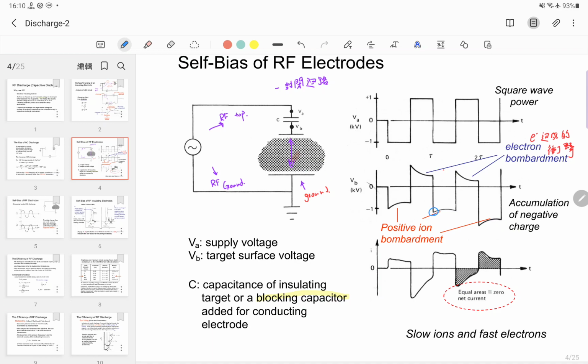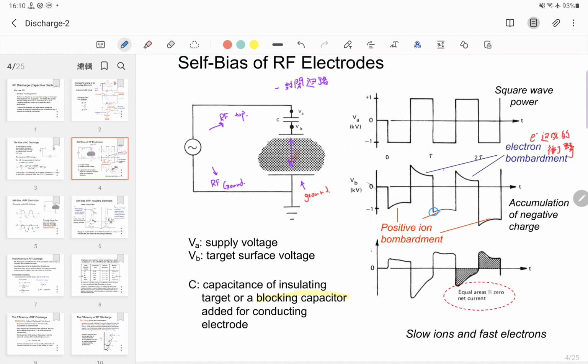So after a few cycles, eventually the top electrode becomes negatively charged, very high negative charge, and the ground electrode stays at 0 volt. With the top electrode in this negative polarity region, the bias voltage is very large. And in the positive region, the bias voltage is rather small.